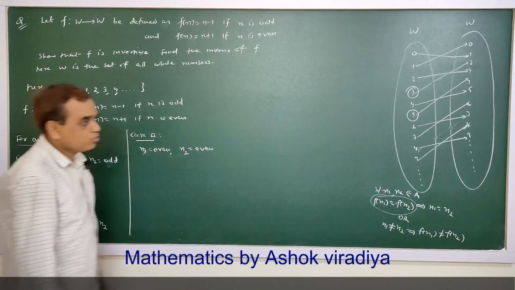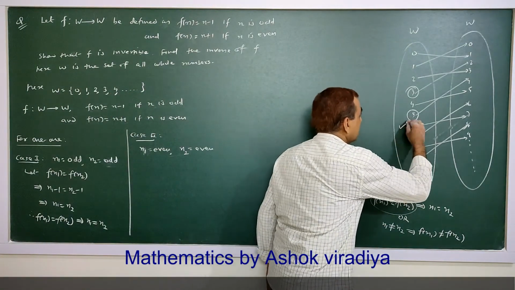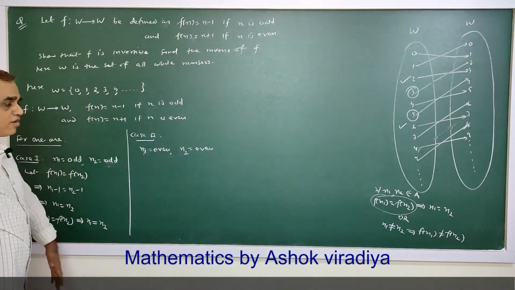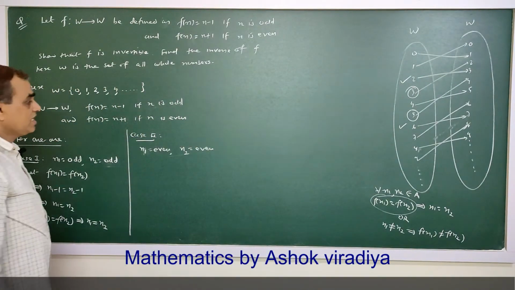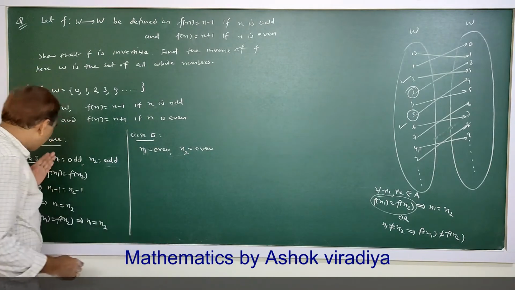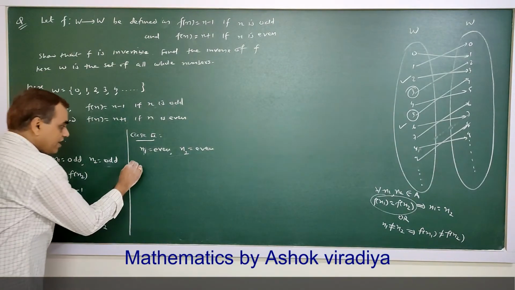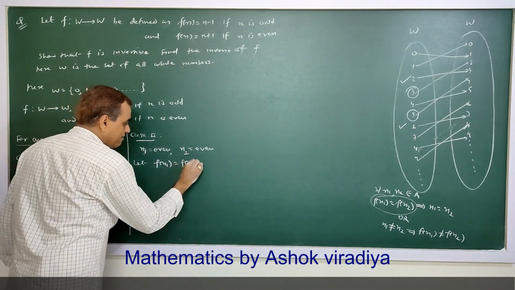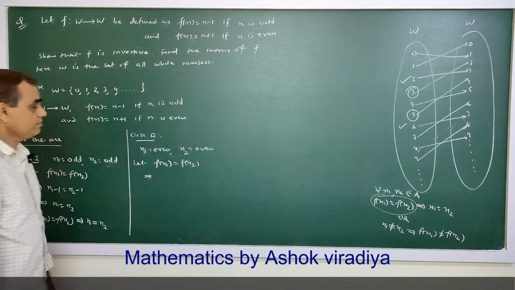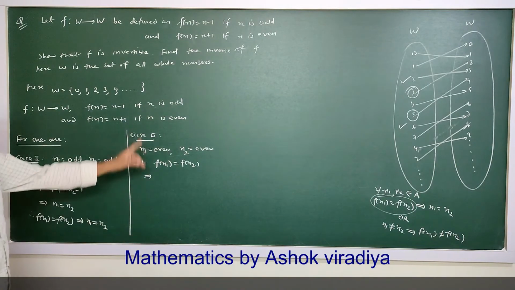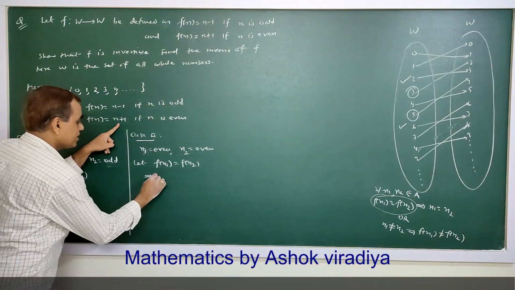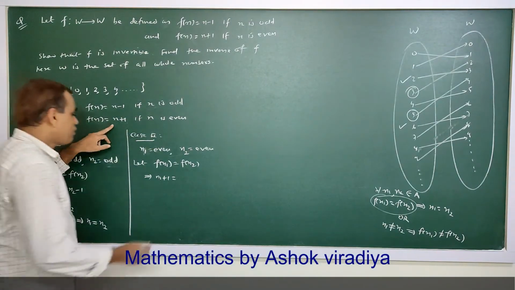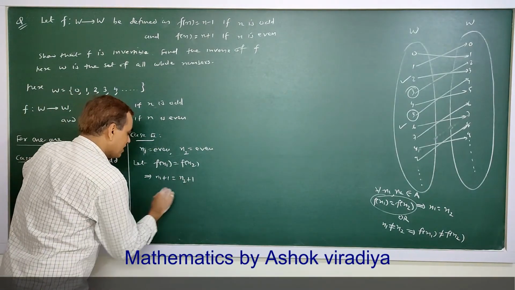Suppose n1 is even, n2 is even. Performing a similar procedure, let f of n1 equal to f of n2. n1 is even, so f of n1 is n1 plus 1. n2 is even, so f of n2 is n2 plus 1.